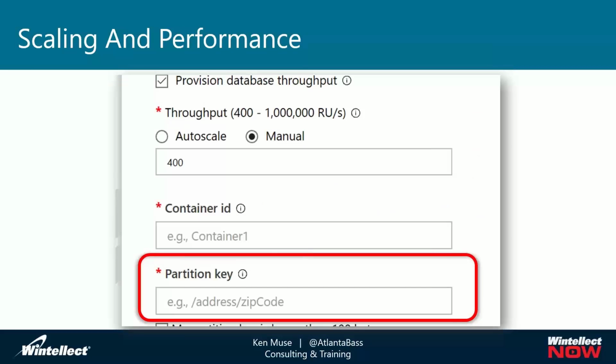Now, when we're trying to get scaling of this system and get the most out of it, minimize RUs, maximize our ability to use Cosmos, everything comes down largely to our choice of how we partition the data. What is our partition key? You get one partition key for any data you're storing in a given container, and that partition key determines exactly how that data will be stored and organized under the covers inside of Cosmos.